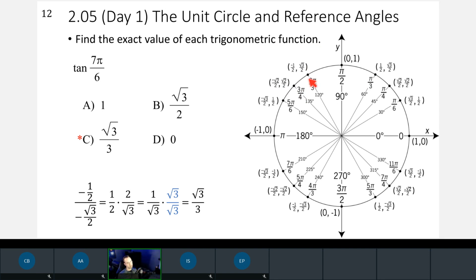Because if you notice, a lot of problems, they talk about tangent, inverse tan of these angles, and we have to do almost the same work every single time just to make sure what it is. And if you have on your unit circle what the tangent of all of these angles is, at least maybe just these first three, because it's just a mirror of these, right? Just makes it whether negative or positive. If you do the tangent of these three angles, or these three angles, you'll have them right in front of you, and you never have to do that again. You just look at your unit circle.